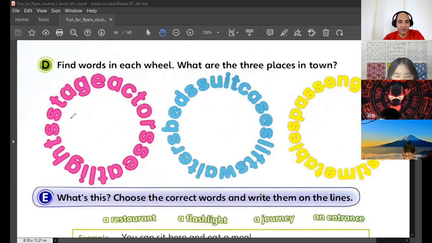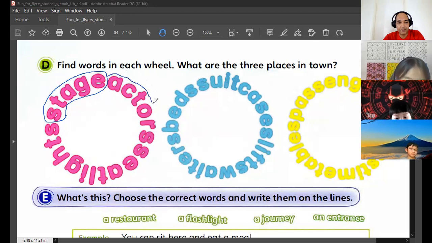Okay, so let's do the pink circle first. So, to help you out, so the first word. Okay, stage. First word. Second word.